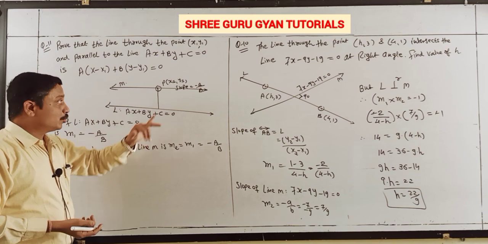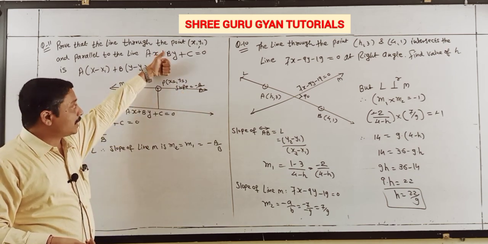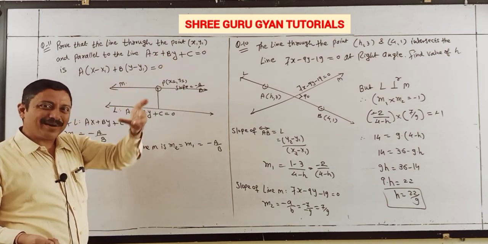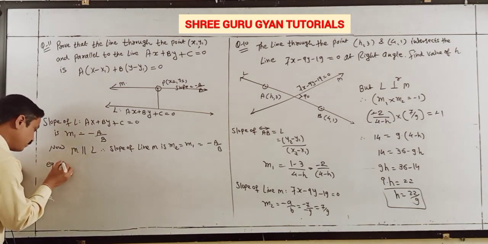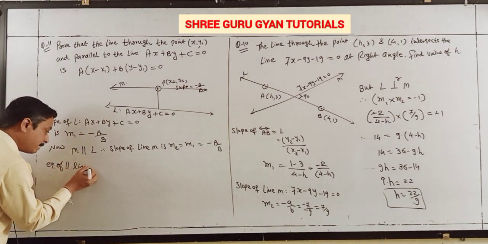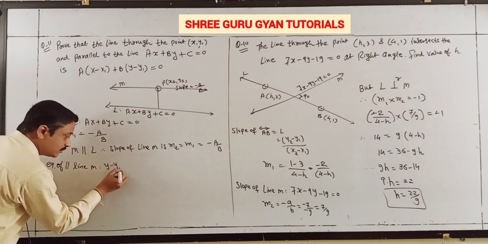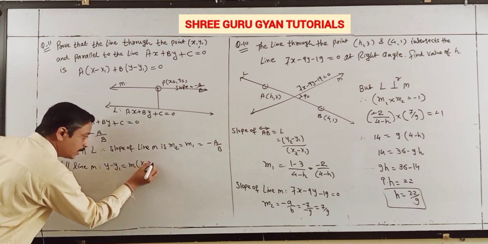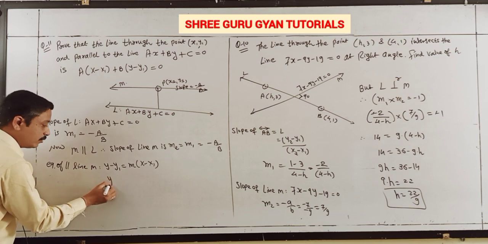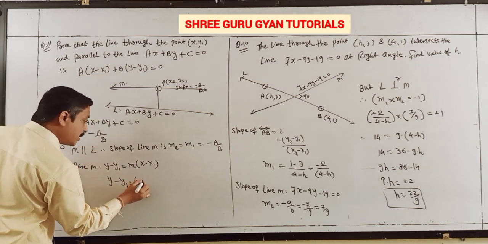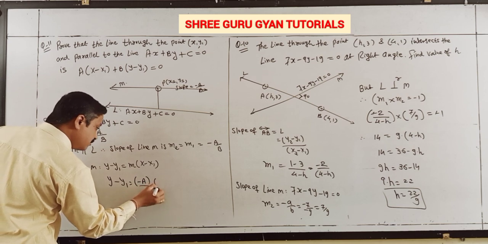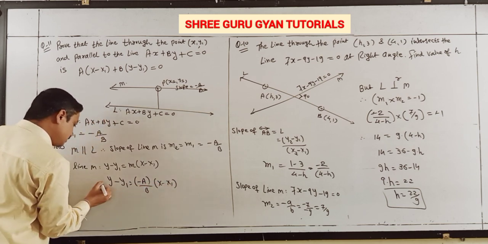Now, students, the slope is ready and the point is known, so apply the slope-point form. Therefore the equation of the parallel line is y minus y1 equals m times x minus x1. The point is the same x1, y1, nothing changes. The slope is minus a by b, so y minus y1 equals minus a by b times x minus x1.